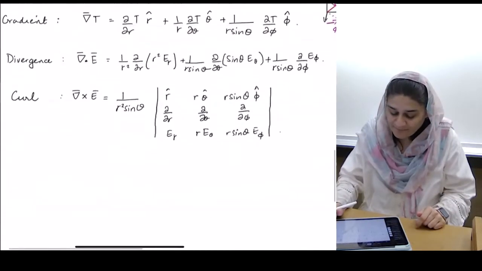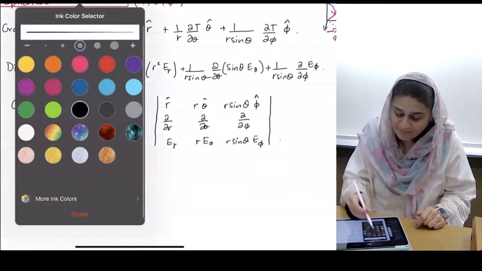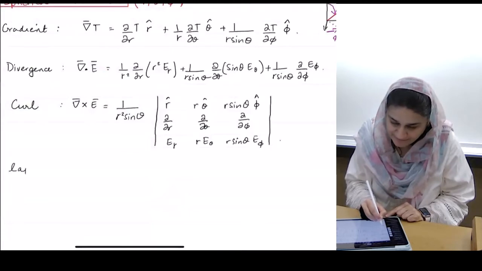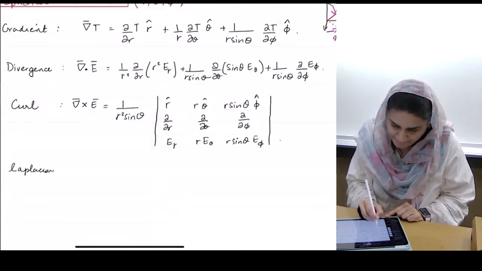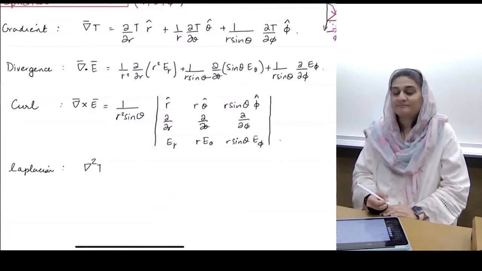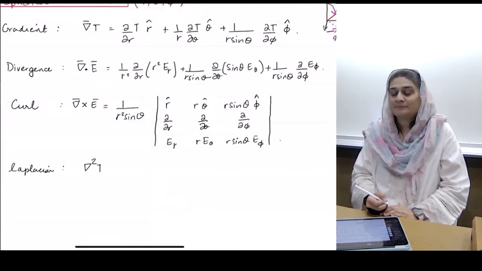One other thing that Griffiths introduces us to is called a Laplacian. And that's when you do del squared of the function t, and t is a scalar.